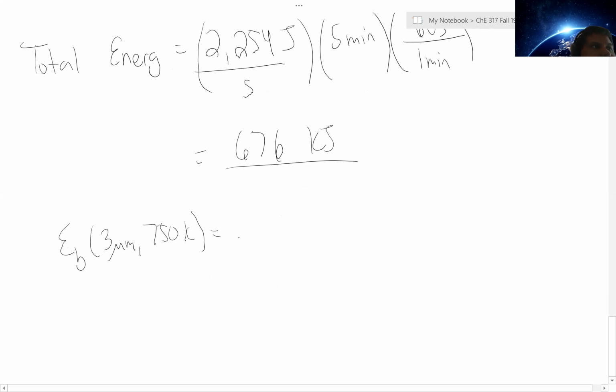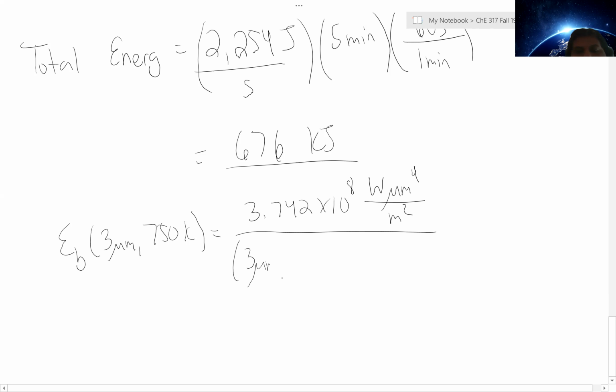So I have C1, which from my notes is 3.742 times 10 to the 8th watts micron to the 4th per meter squared, divided by lambda, which is 3 microns to the 5th, times the exponential of C2, which is 1.439 times 10 to the 4th micron Kelvin, divided by lambda T, or 3 times 750 micron Kelvin, minus 1.